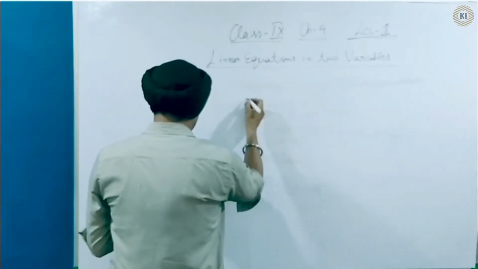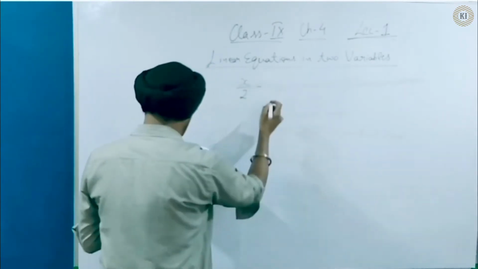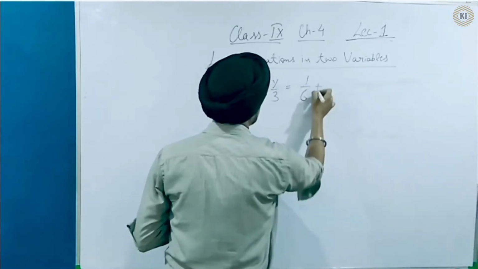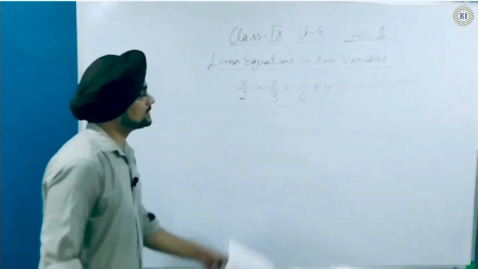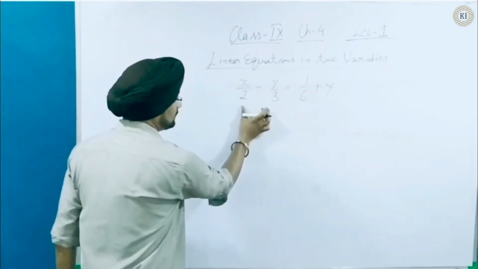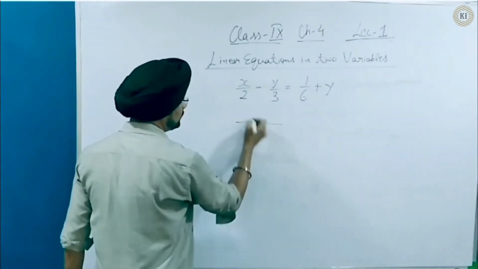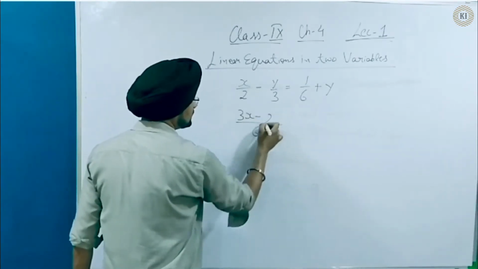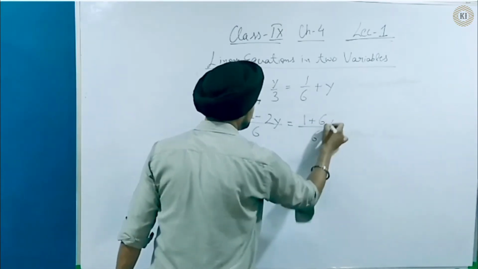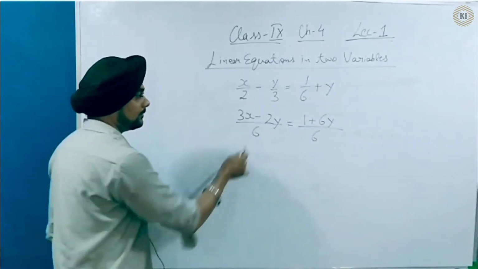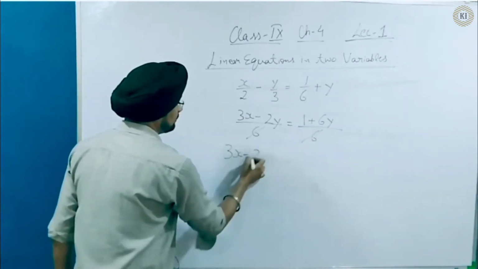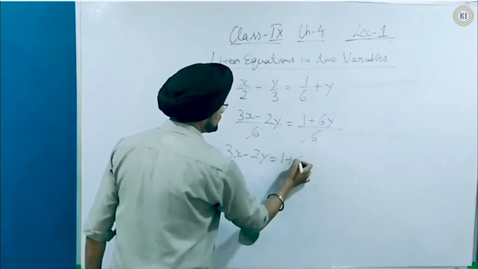The question is given as x upon 2 minus y upon 3 is equal to 1 upon 6 plus 5. Now in this, first of all make it into the general form of an equation. The LCM of 2, 3 and 6 will be 6, so 3x minus 2y is equal to 1 plus 6y. Now the 6 and 6 will be cancelled. So 3x minus 2y is equal to 1 plus 6y.